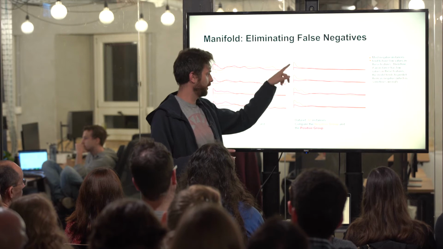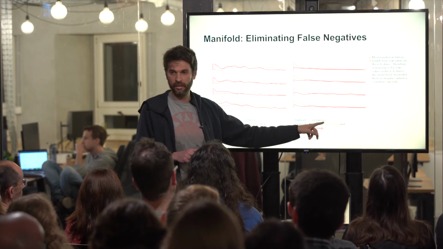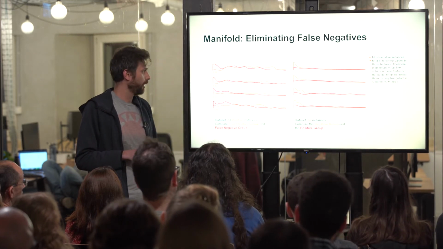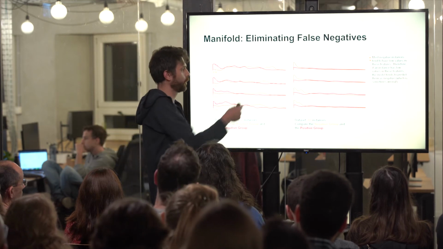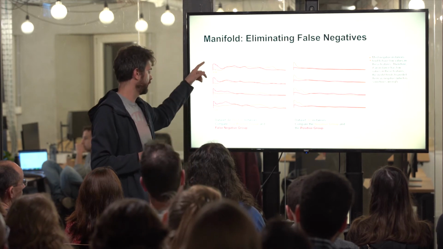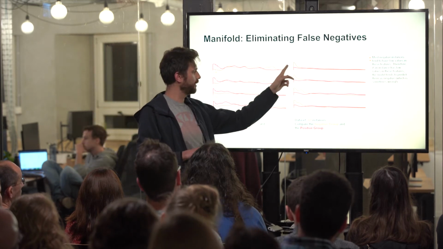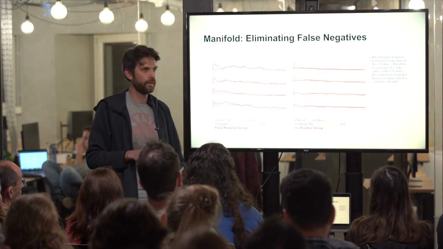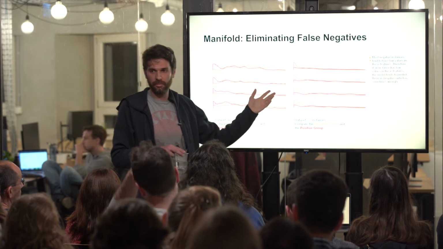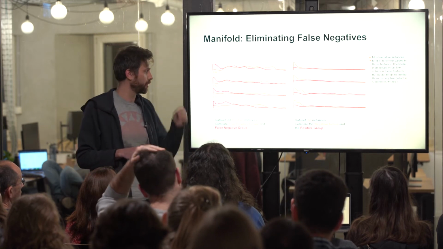Here, the different colors are the negative group and the positive group. So they could explain it and see that the false negatives correlate with the fact that the negative class is getting lower scores in those features.